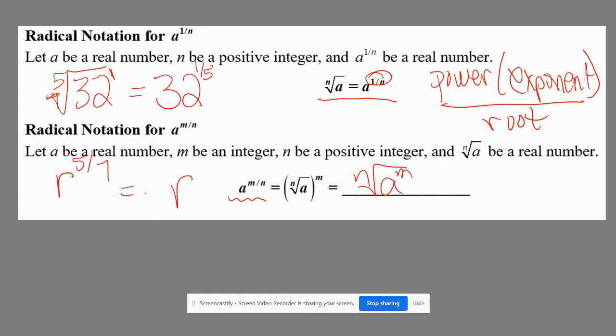Our base is r, write our radical symbol. Our power or our exponent is 5, and our root or the index of our radical is 7. And so that's what it would look like in radical form.